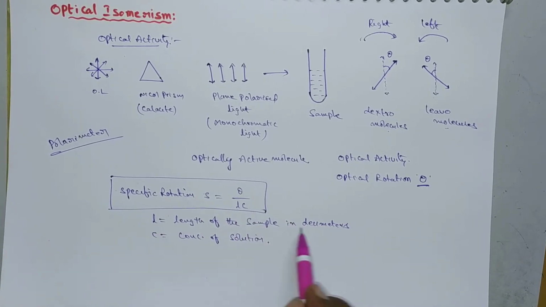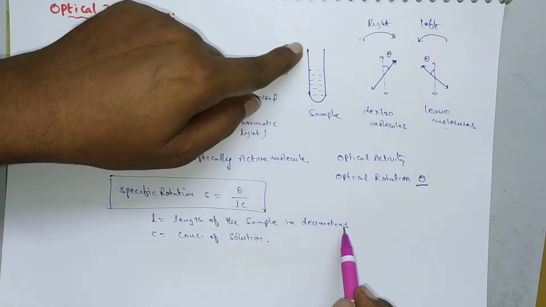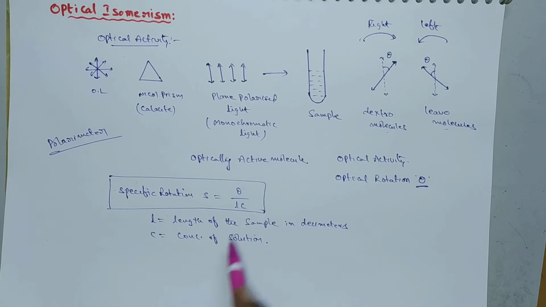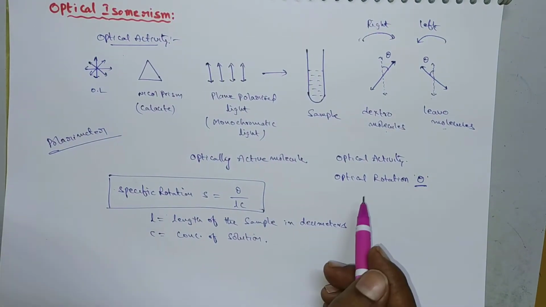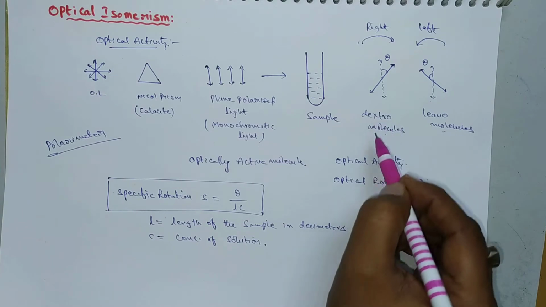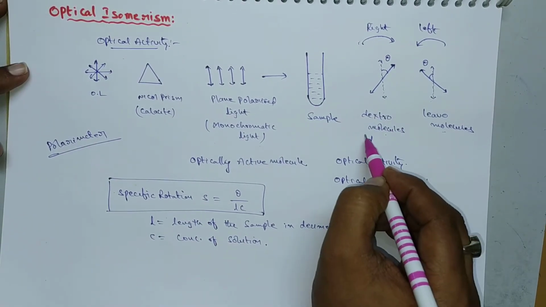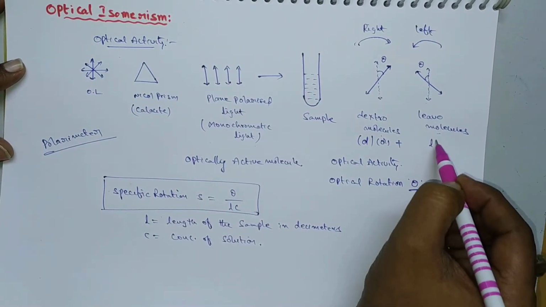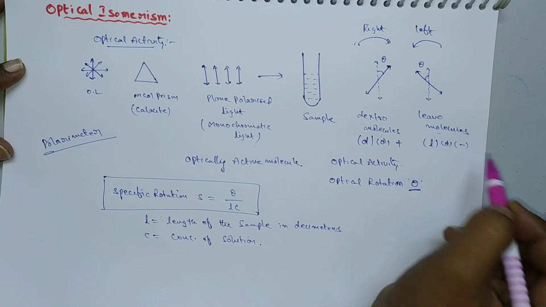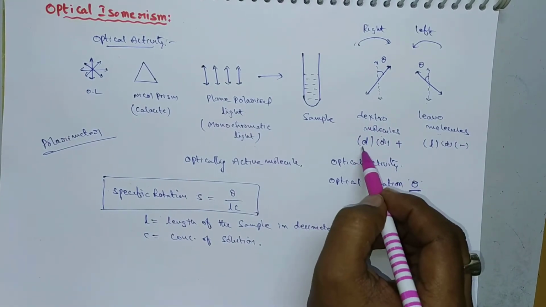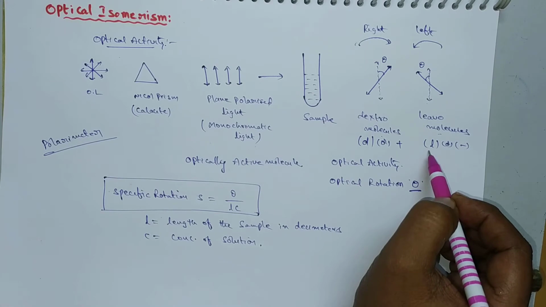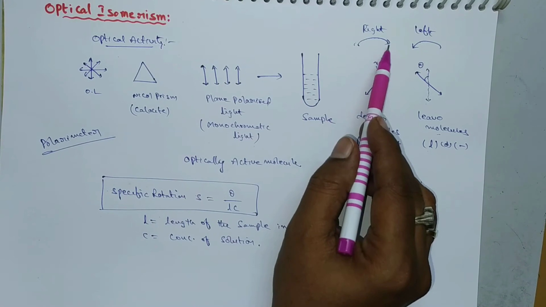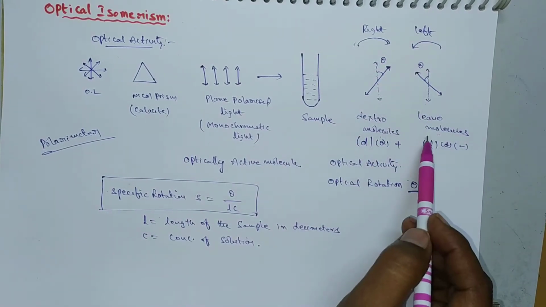Here L is the length of the sample in decimeters, which is the length of the polarimeter tube. A dextro molecule is represented by small d or plus, whereas a levo molecule is represented by small l or minus. The molecule which rotates plane polarized light towards the right is called dextro and towards the left is called levo.